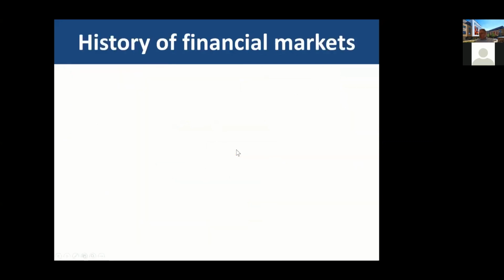So before we go into the role of financial markets, let me just give you a quick overview of the history of financial markets. I'm not going to spend too long on this, but throughout the ages, there has always been some form of a financial market, whether not particularly sophisticated or sophisticated.